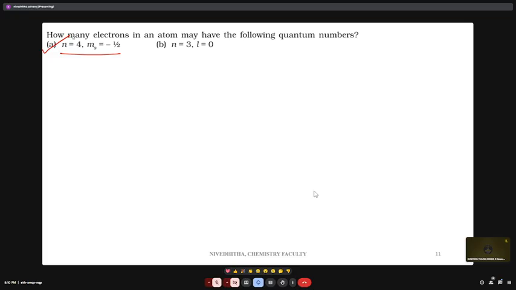Could you please tell me what mistake you have done, Adila? Analyze your answer. Bhumika, what is your answer, Sami? What you got? 16, ma'am. 16. Why is it 16?